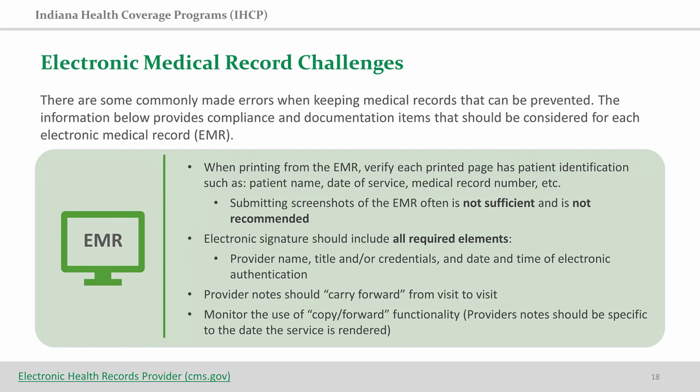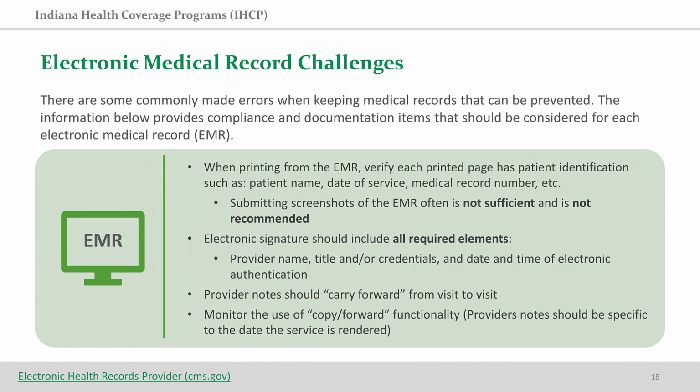Another issue we often find is specific to the electronic signatures for services provided. As we know, in order for the signature to be deemed acceptable, it must include all of the required elements, including provider name, title, credentials, and the date and time of the signature or electronic authentication.